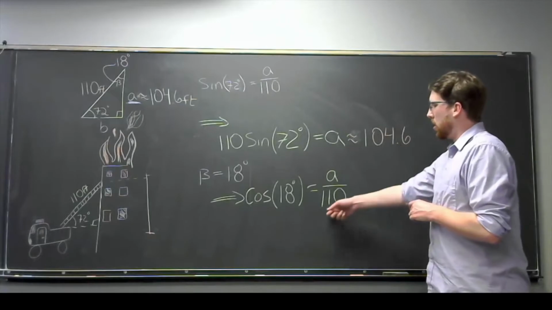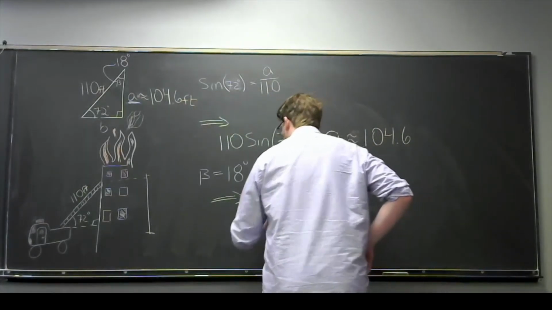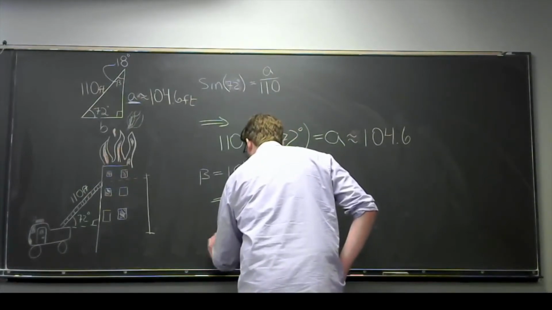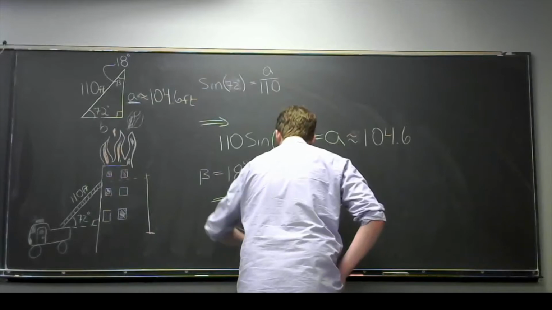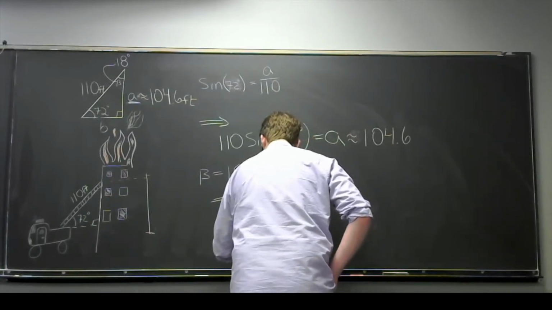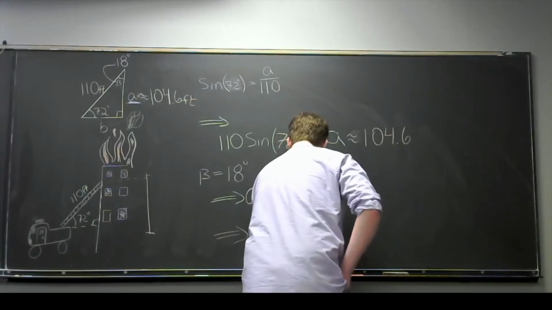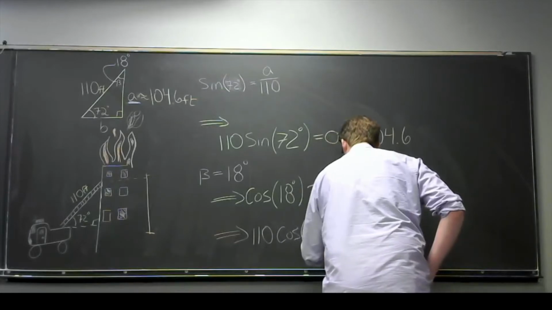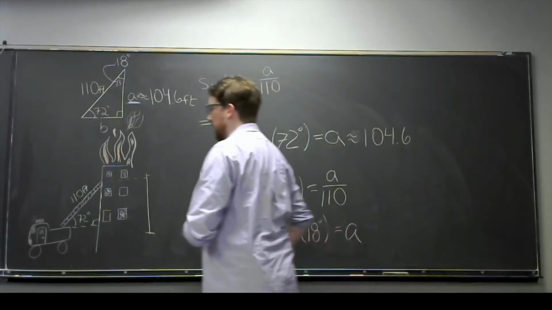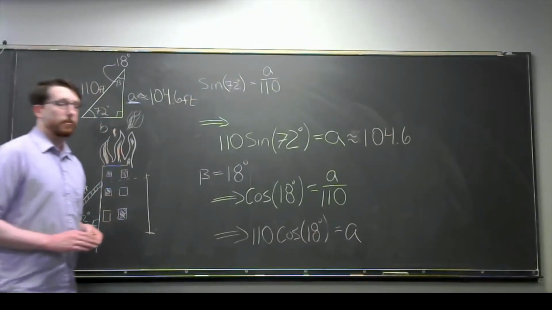So, solving this the rest of the way out, we could have said, all right, because of this, A is equal to 110 times the cosine of 18 degrees. So we could have gone about it in two different ways.